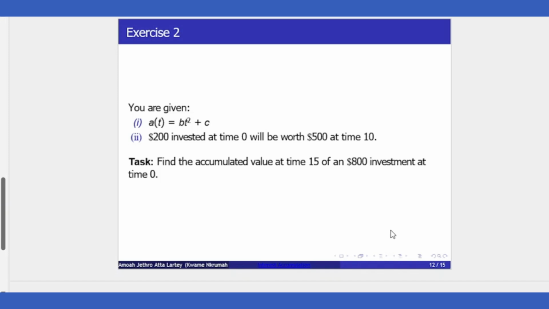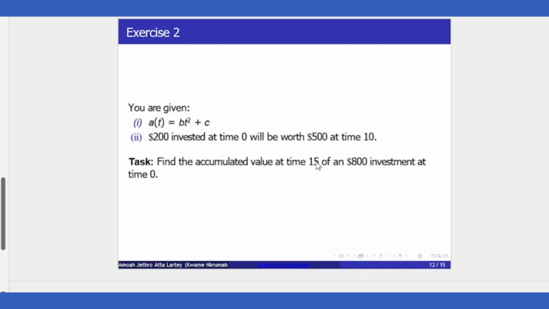This is our second exercise. As usual, you pause the video and solve it yourself, and then you come back to the video and see whether you are right or wrong. We are also given the accumulation function, and we said 200 invested at time 0, which is the initial investment, will be worth 500 at time 10.